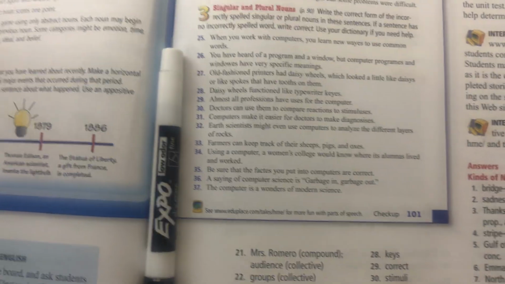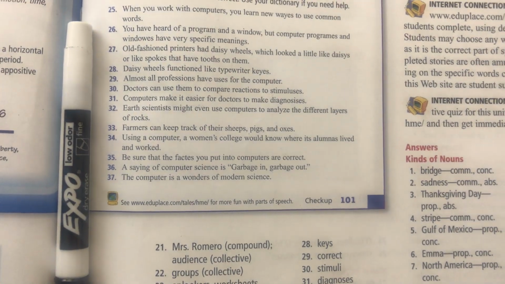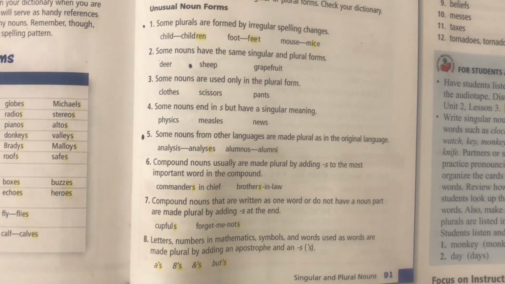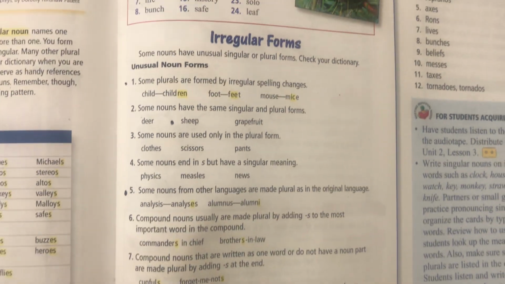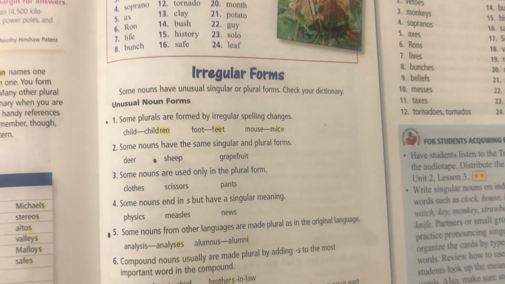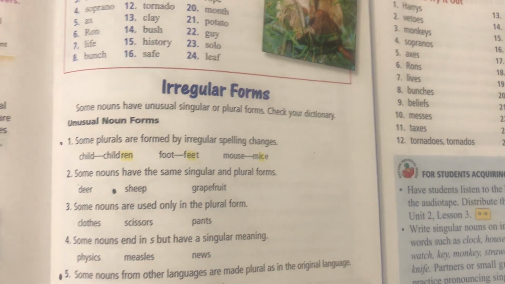Alright, going to 33. Farmers can keep track of their sheep, pigs, and oxes. So flipping back, we're looking at some nouns have the same singular and plural forms. So that would be the case with sheep, which they demonstrate for us.